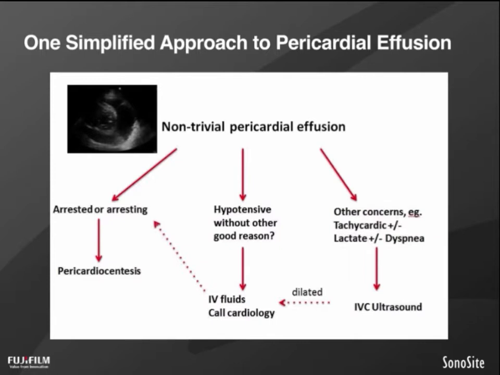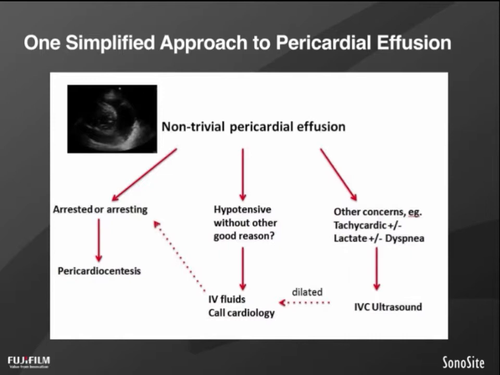Now, if the patient is arrested or arresting in front of you, and you have identified a pericardial effusion that you think could be the cause, your move is to perform a pericardiocentesis. Now, most of us are not the experts in the hospital at performing pericardiocentesis, so this is not the preferred approach for you or the patient.